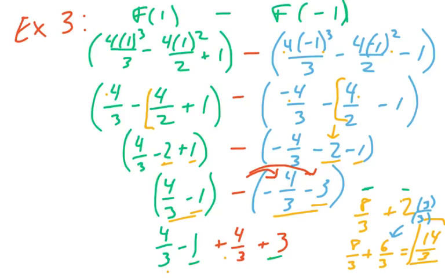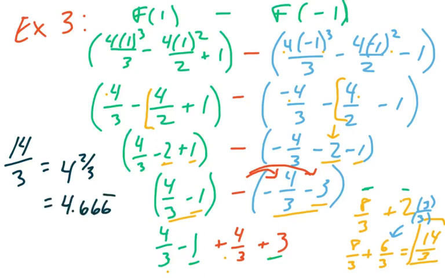If you're using a calculator, though, they might give you that answer as a decimal, which is probably not the best because then it will be an irrational number. But 14/3 is equivalent to 4 2/3, or that would show up to be 4.666 repeating.